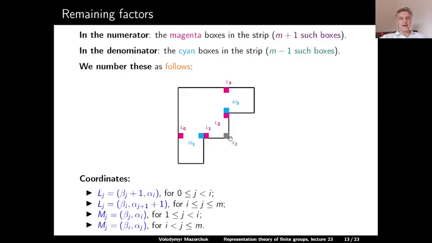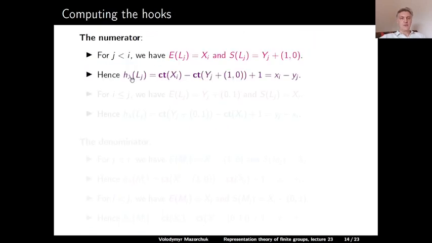Lj has xi as the east end, and its south end is next to the right of yj. Therefore, the hook length for Lj, if j is smaller than i, equals the content of xi minus the content of yj plus 1, and then plus 1. This is exactly our second observation.